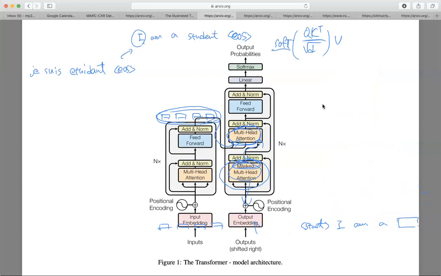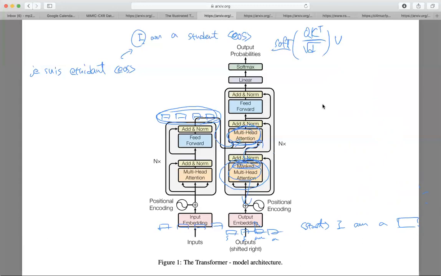So here we will have four input tokens: start, I, am, and it's time to predict "student". So the decoder will have as input 4 tokens, using the masked self-attention as I just described. So then there will be 4 tokens here.